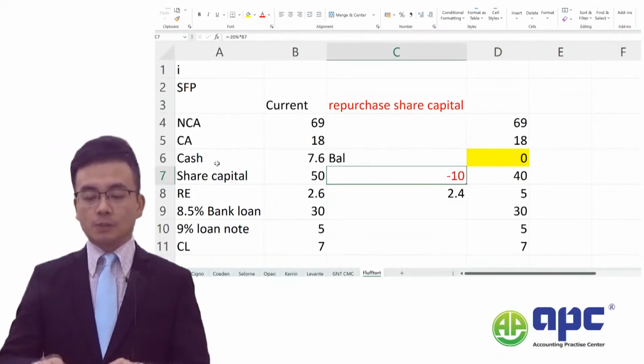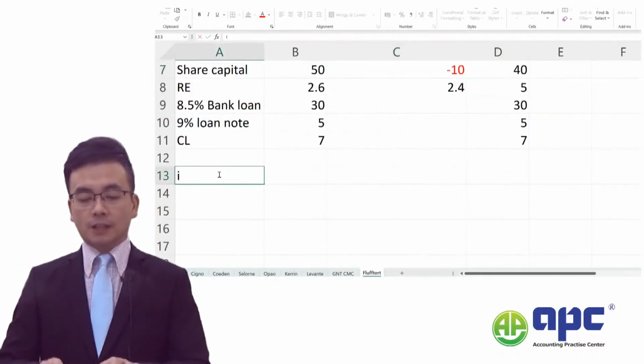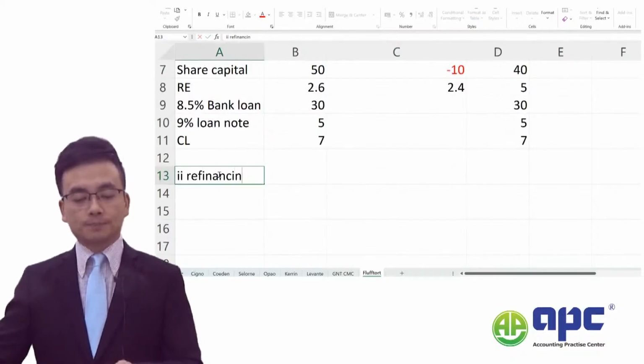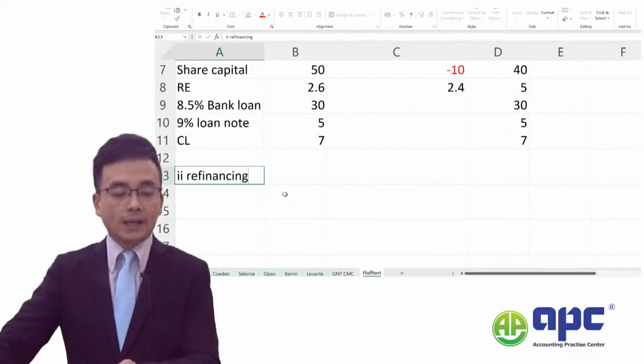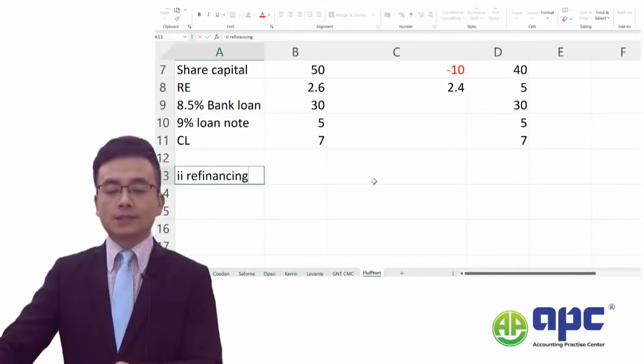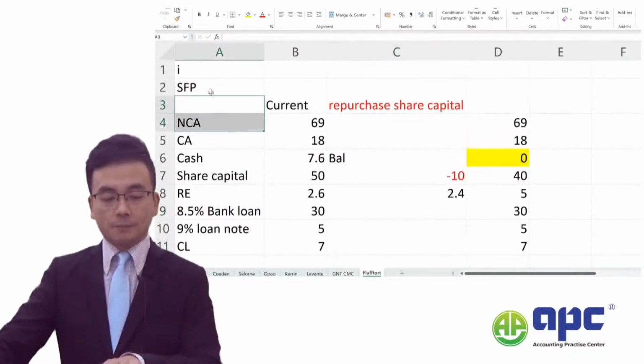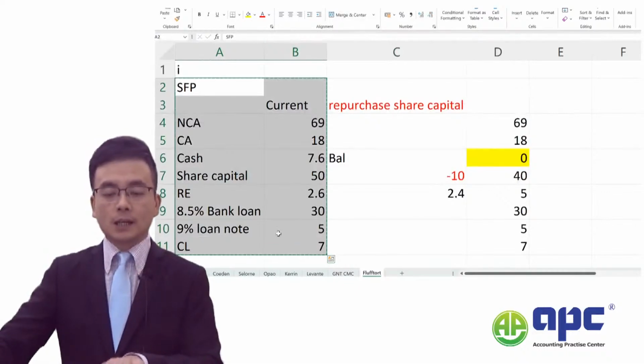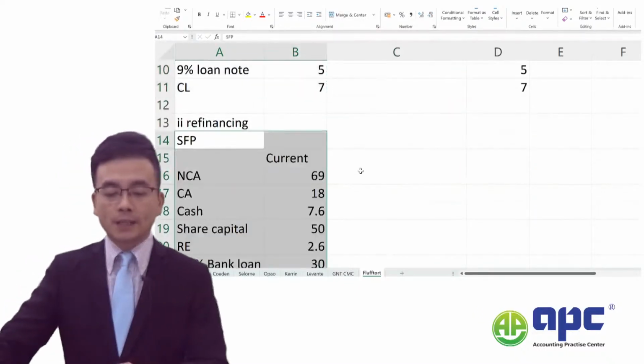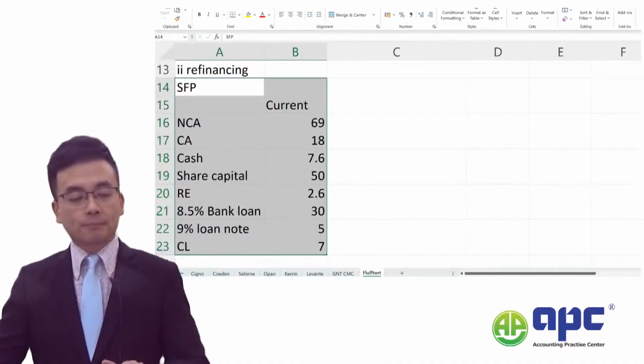Now, how about the second one? The refinancing schedules. Again, we'd like to copy the current SFP here and make certain adjustments.